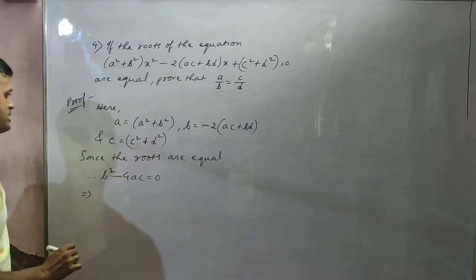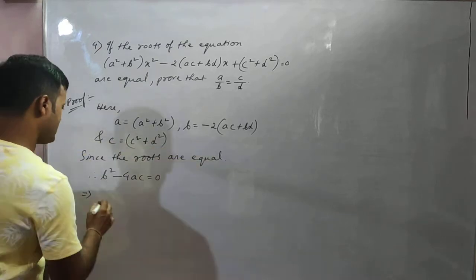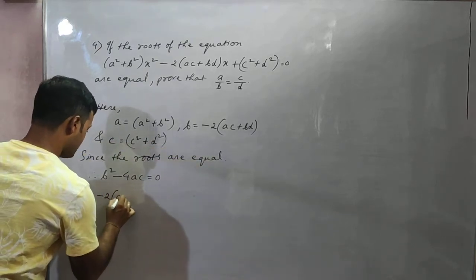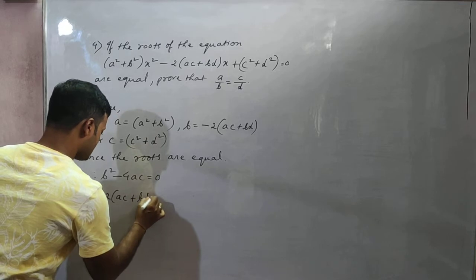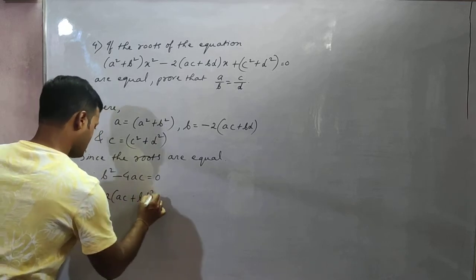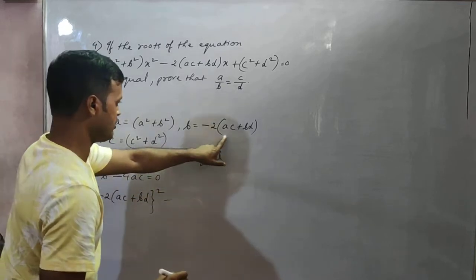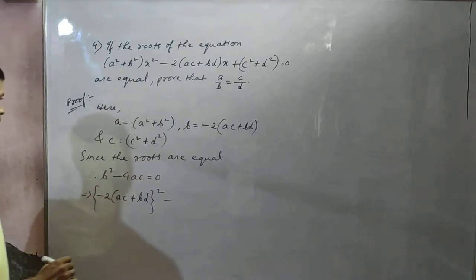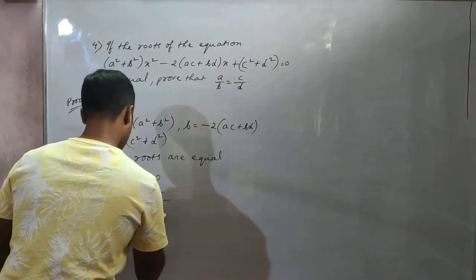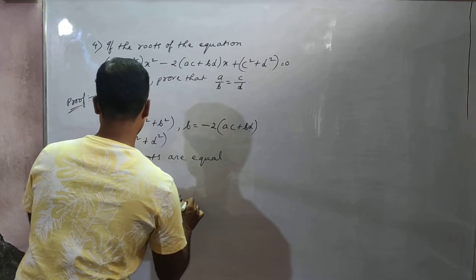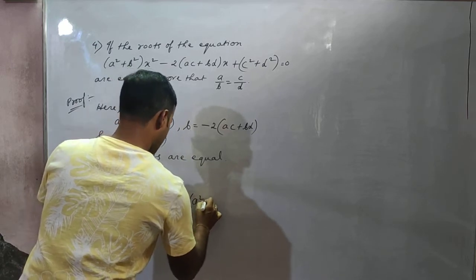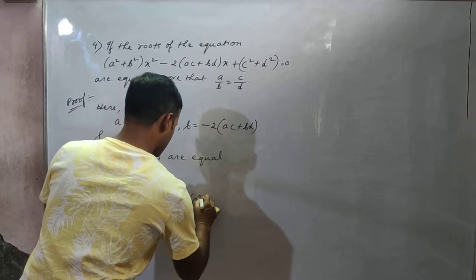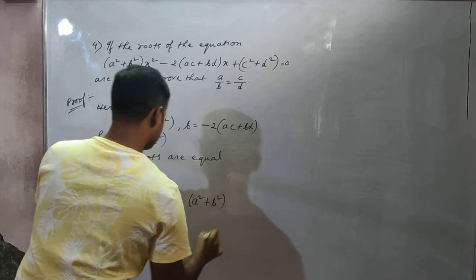Now what is the value of b, students? Minus 2 into ac plus bd. So value of b is minus 2 into ac plus bd. b square minus 4ac, 4 into a. What is the value of a? a square plus b square.